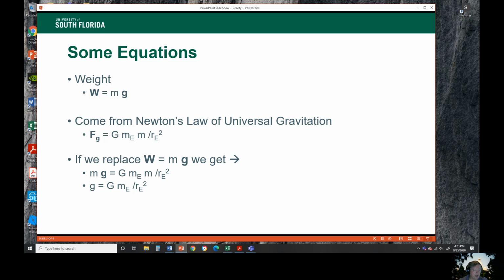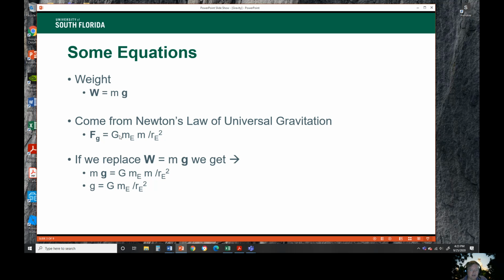So when we're talking about my weight, the two objects are me and the earth. The force of gravity, the force of the weight, is my mass multiplied by g, which is 9.8 meters per second squared.